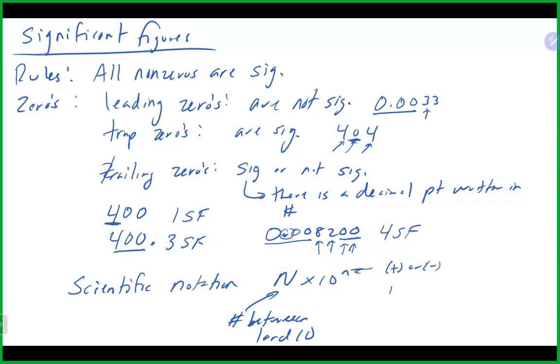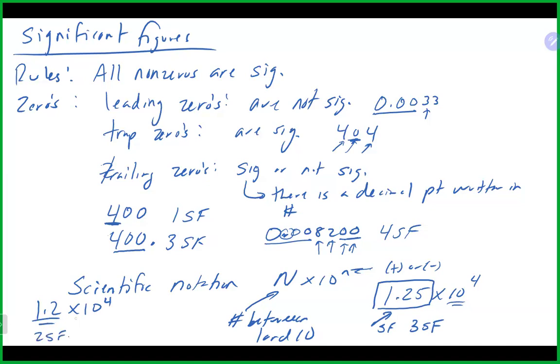When you do have a number that is written in scientific notation, regardless of what the exponent part is, all the numbers that come before the times 10 part are significant figures. So in this case, this guy would have 3. That is also why sometimes the only way to get the right number of significant figures is to write it in scientific notation. This would be 2 significant figures.